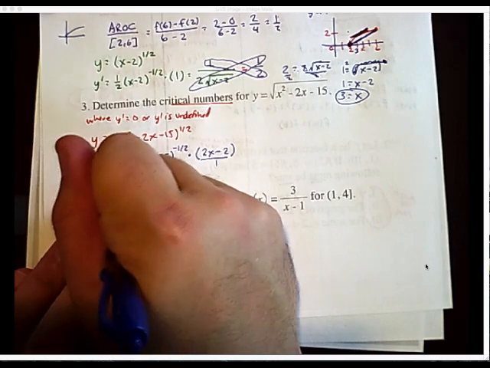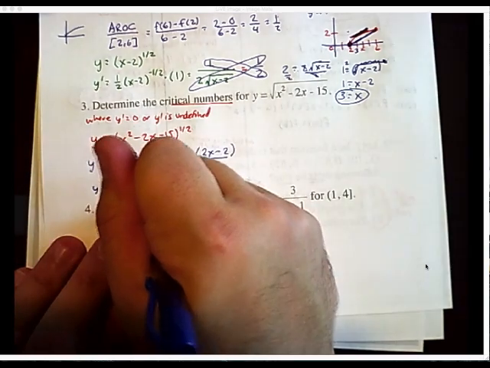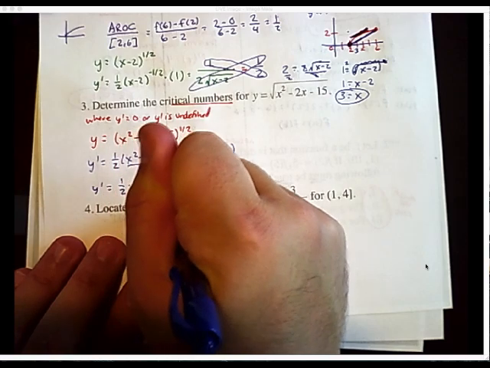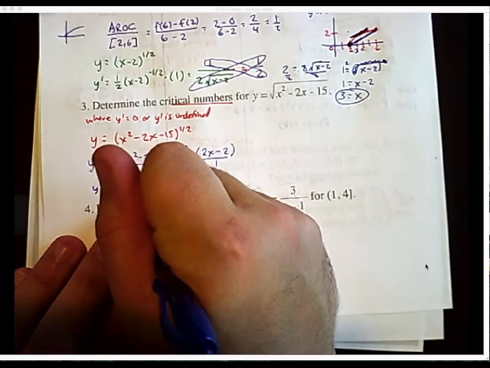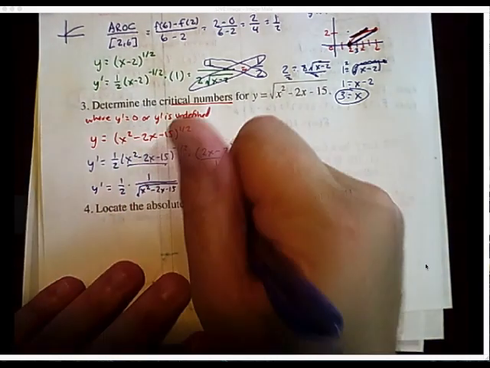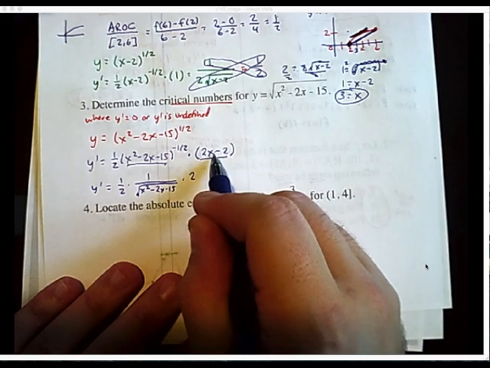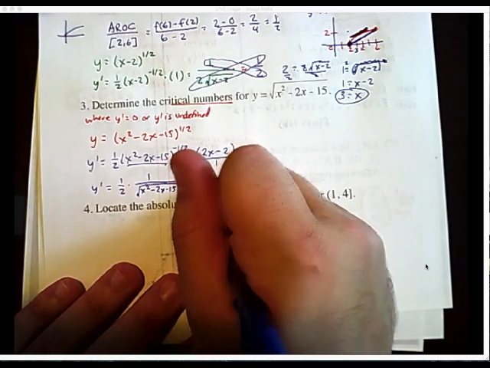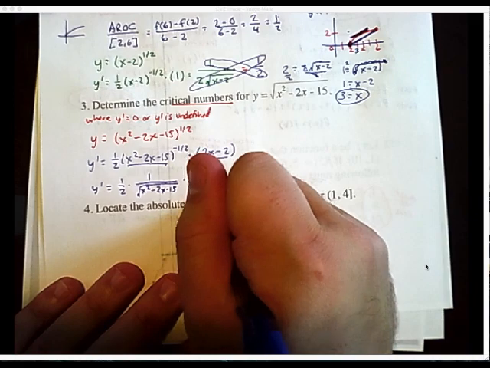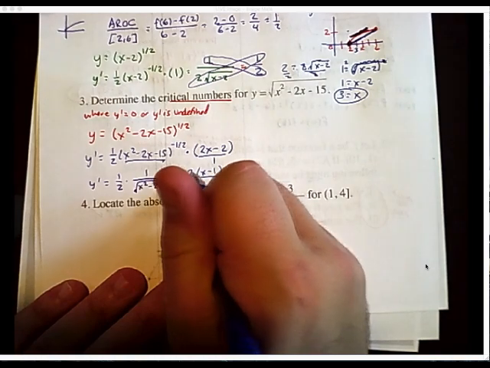So y prime equals 1/2. Let's rewrite the second term as x squared minus 2x minus 15 to the positive 1/2, or as a square root like that, times, if I wanted to do some factoring, I could take a 2 out of both of these terms and I would be left with x minus 1. All right, so what happens if you multiply all those?